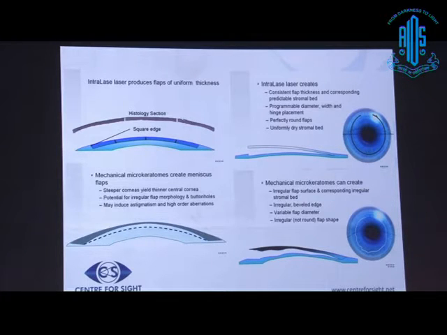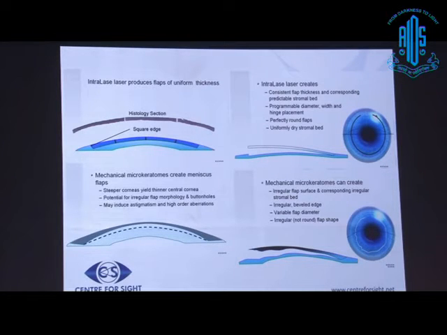All in all, the femtosecond laser gives you the opportunity to create planar flaps of uniform thickness and predictable thickness, and it does away with many complications related to microkeratomes, such as the free cap. The angles of the flap can be made more vertical or obtuse.